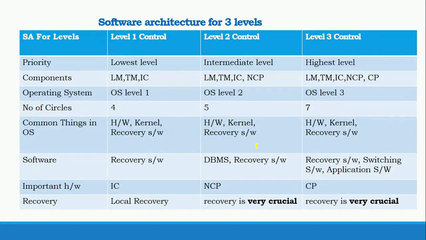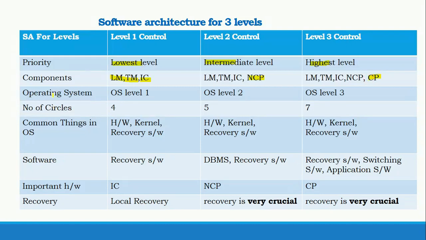So a table is listed just to compare the levels. The first one is priority. In the priority, the first level is the lowest level, then intermediate, then highest level. If you remember the diagram, you can list out the components used: LM and TM along with IC in the first, then NCP in the second. And for NCP, if you add CP, it will become level 3.